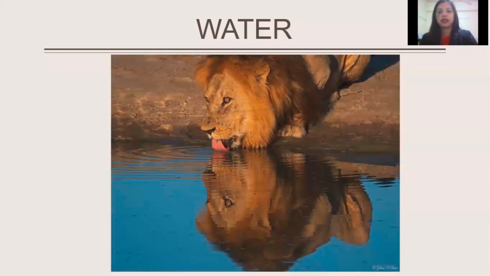For example, a lion is a living thing, right? And water is a non-living thing. What do you think is the interaction between the living thing, the lion, and the non-living thing, the water? Do you have any idea?